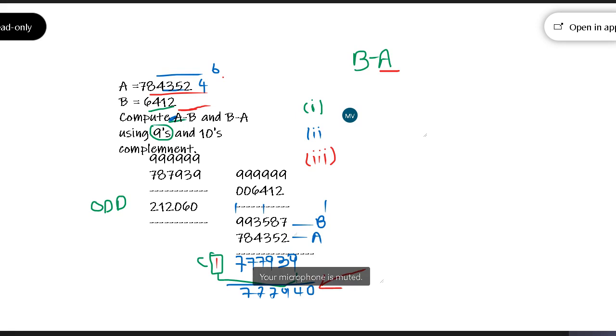Coming from the last, 2, 2, 1, 5, 6, 4, 7. Okay, I'm doing it from reverse. You're not supposed to do it that way.